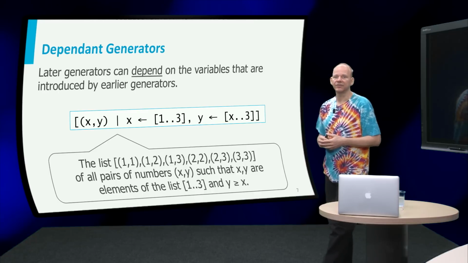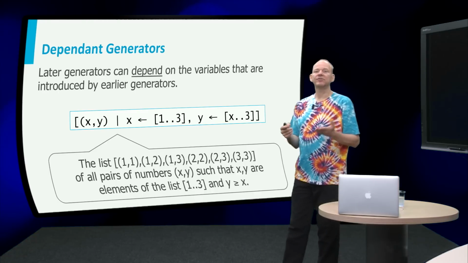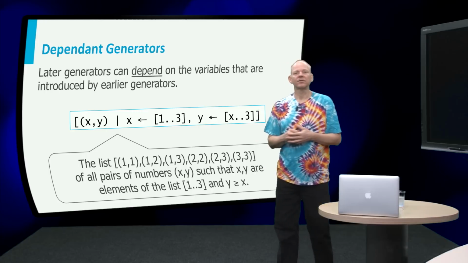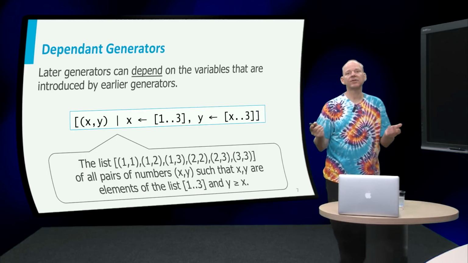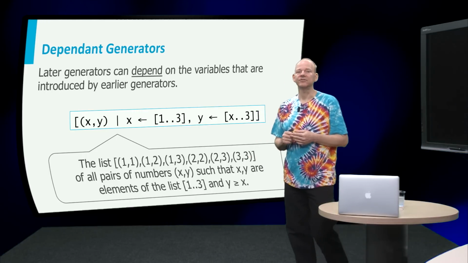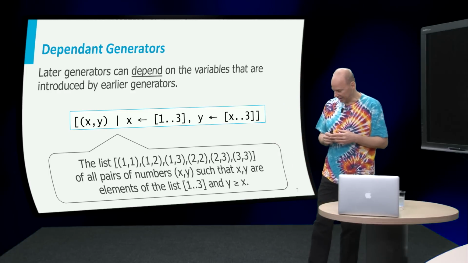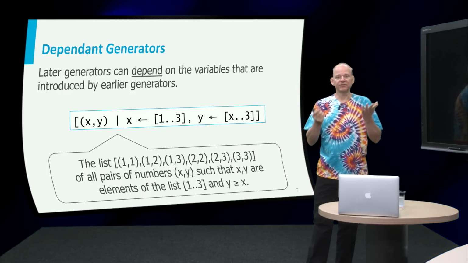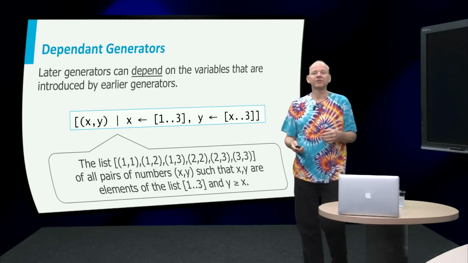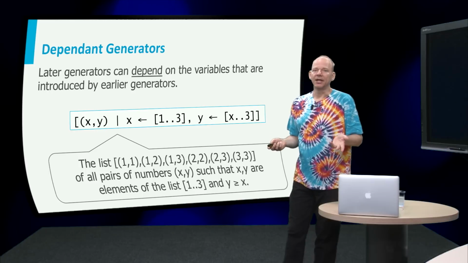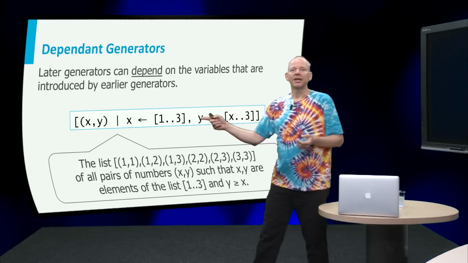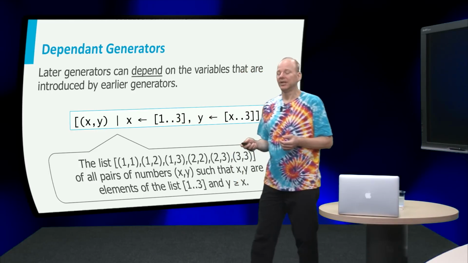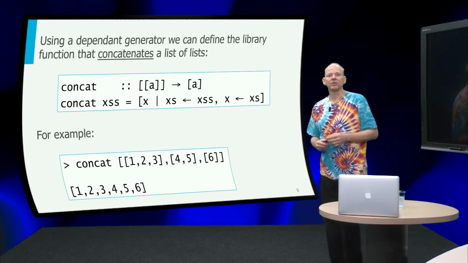And then in the last iteration, we take x to be 3, and y is drawn from the list 3 to 3, so the last value is just 3, 3. But again, you're totally familiar with this because this is how nested loops work in any language. The inner loop can use variables defined in outer loops.